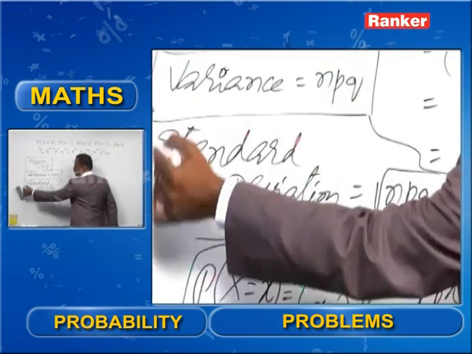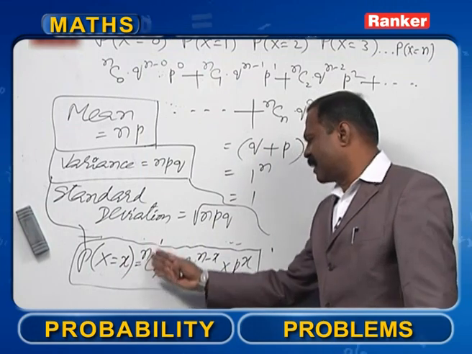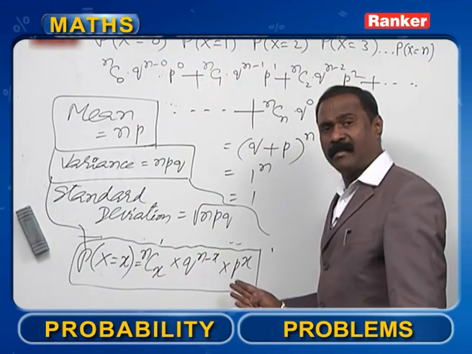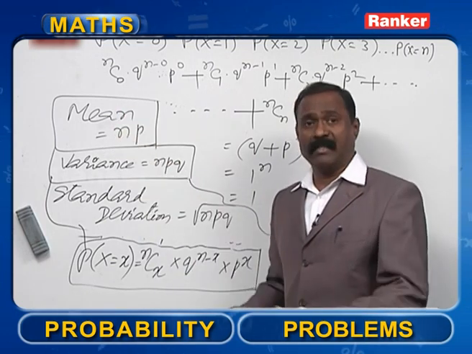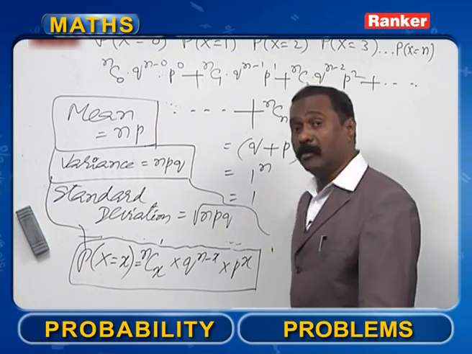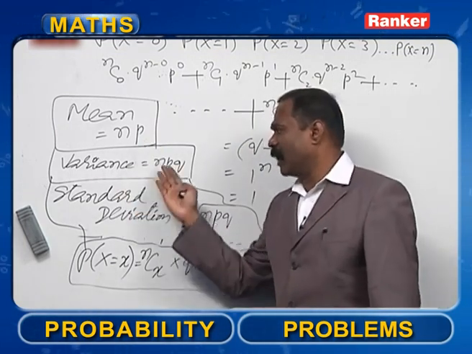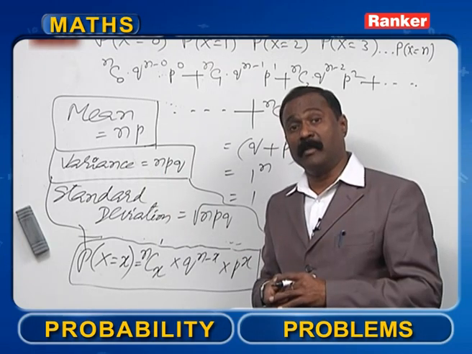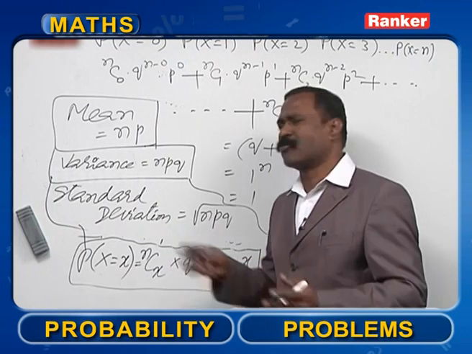These are the terms you have to remember. This is a basic formula. The probability of X equal to x is nCx into q power n minus x into p power x. And variance is npq. Mean, of course, is np. In the previous case, it is represented with mu. Mu is sigma x into p of x. And here it is n into p. Variance is npq. There also, you have sigma x square into p of x minus mu square. And standard deviation, of course, is always square root of variance.